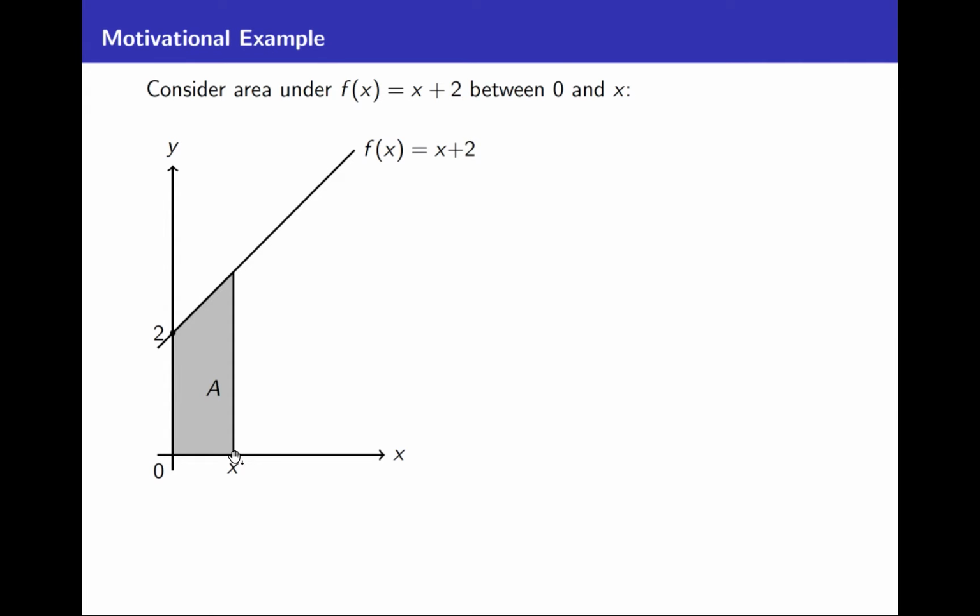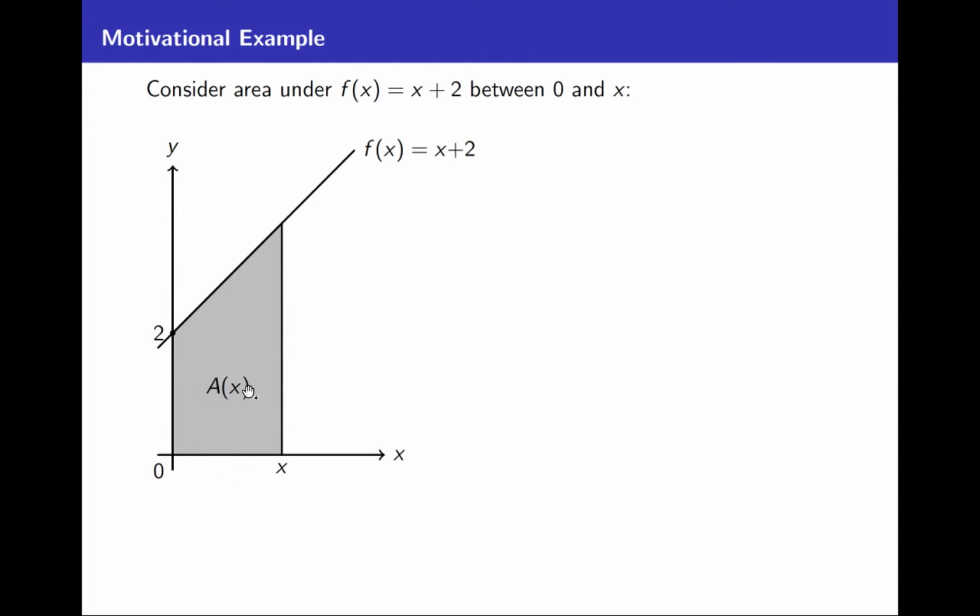It could be anything like 1/2, 1, 2, pi. Think of that as just a variable x that could have any value. And we're looking at the area under f of x equals x plus 2 between 0 and that x. Now, that x could have different values, and as you increase x, the area increases as well.